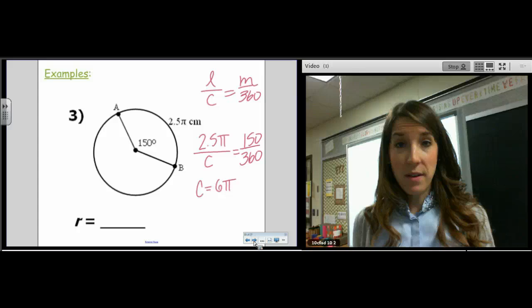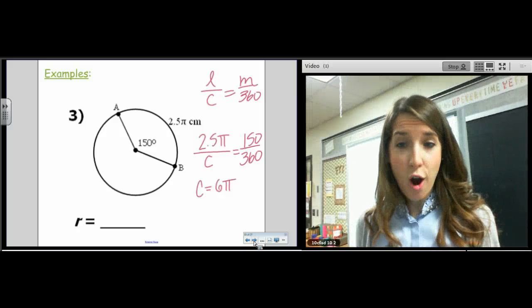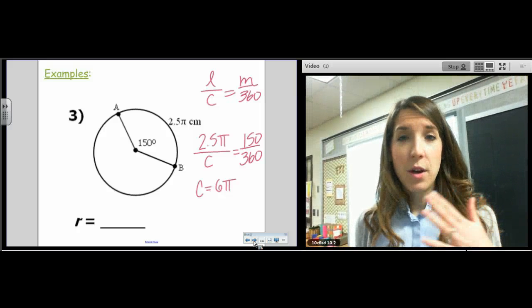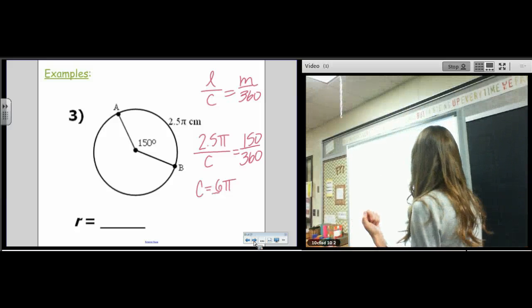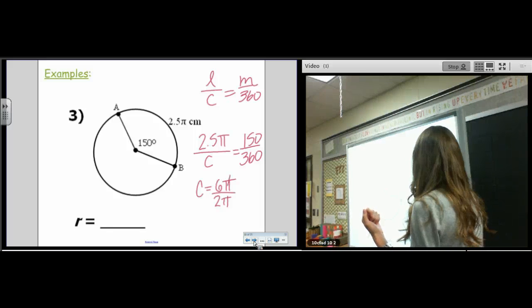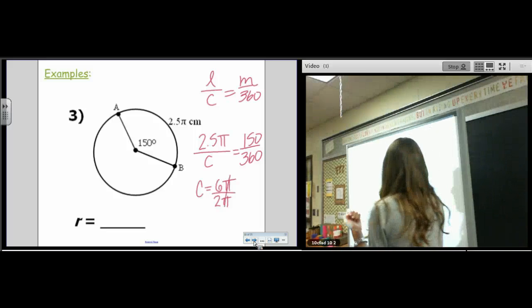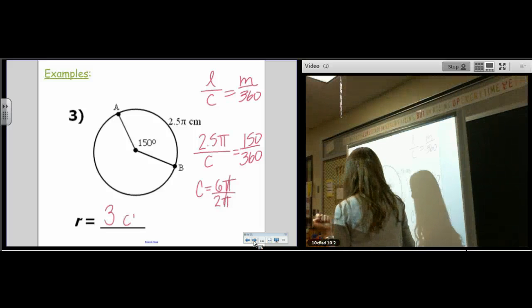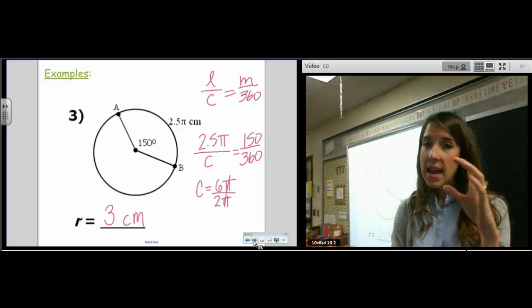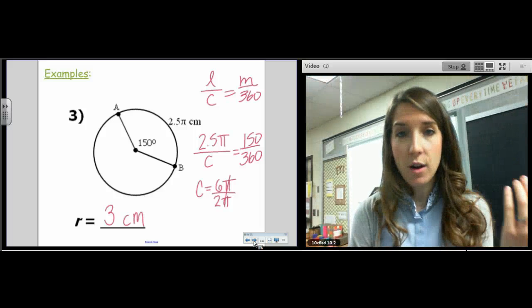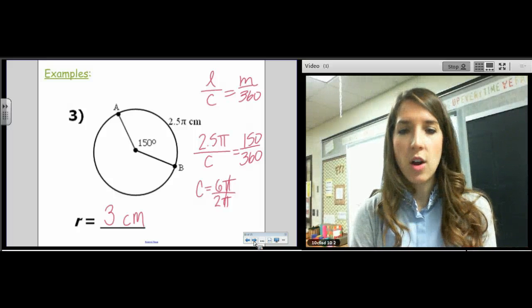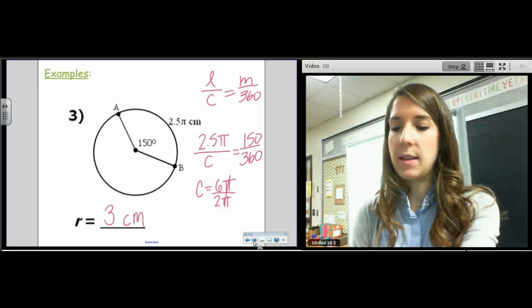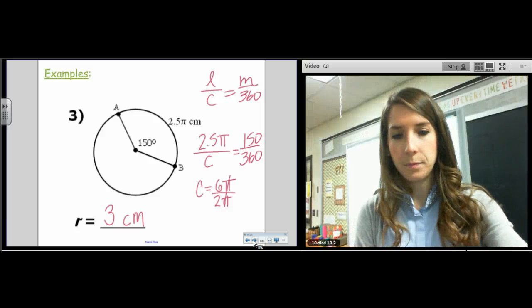When we cross multiplied, we found C. We didn't find R. So we know to go from circumference to radius, we just divide by 2 pi, because that's what the formula says, 2 pi r. The pi's will cancel, and 6 divided by 2 gives us 3. Be careful. A radius is not curved. Anything curved gets the pi symbol. But a radius is not curved, so you would never put the pi symbol on a radius.